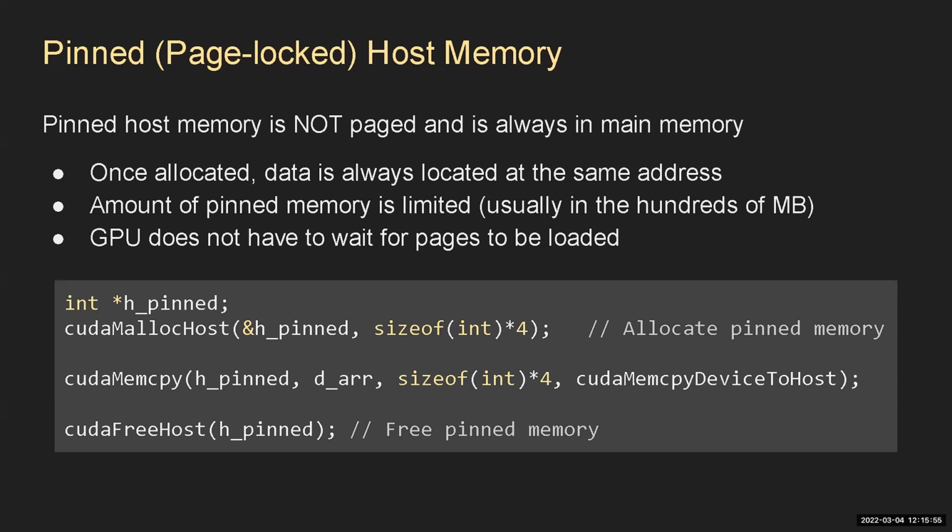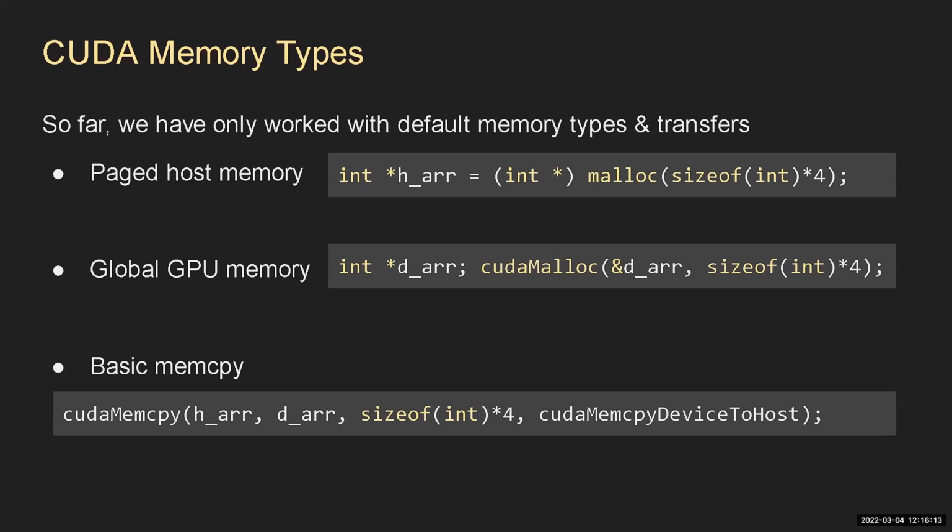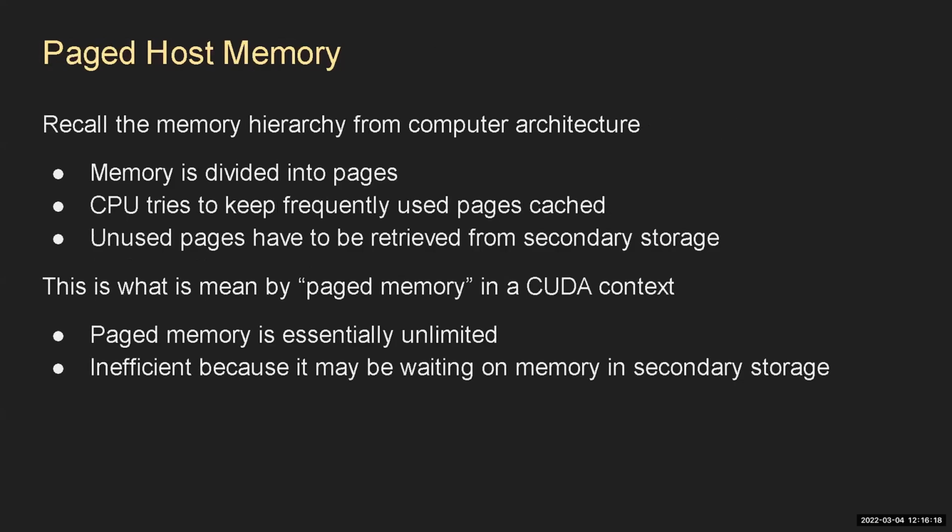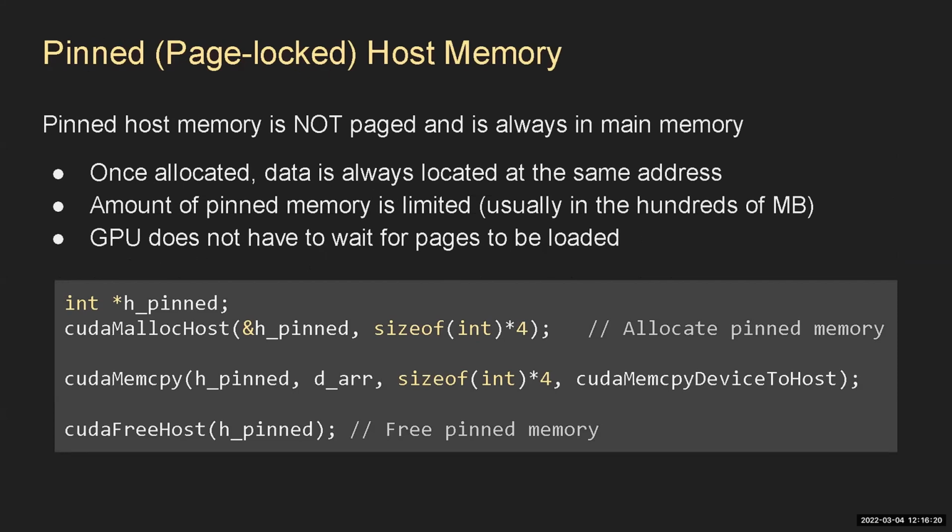You can see underneath here a code sample that shows how to use it. The only real difference is a slightly different function call in the allocation and deallocation steps. Where we would use malloc for the paged version of host memory, or normal memory allocation, instead we have to use cudaMallocHost, which is just like the cudaMalloc call, except it's putting memory on the host rather than the GPU.